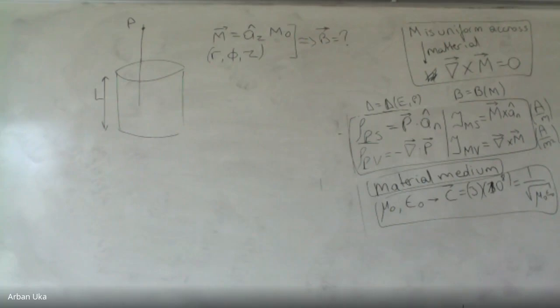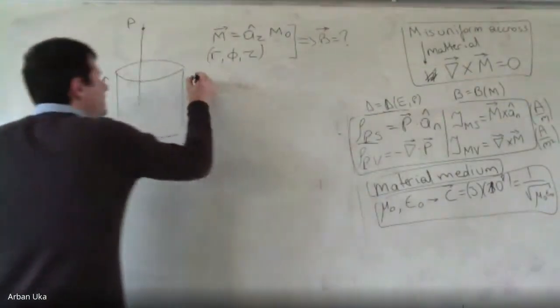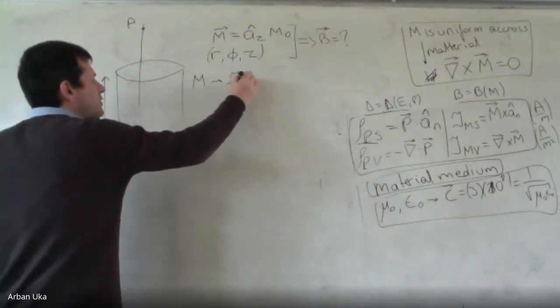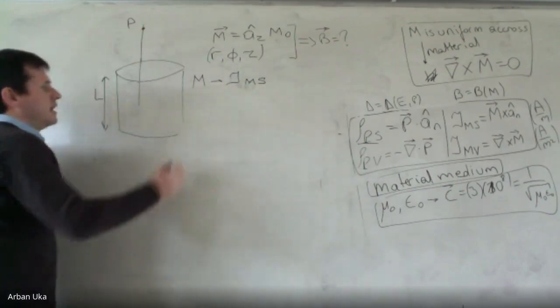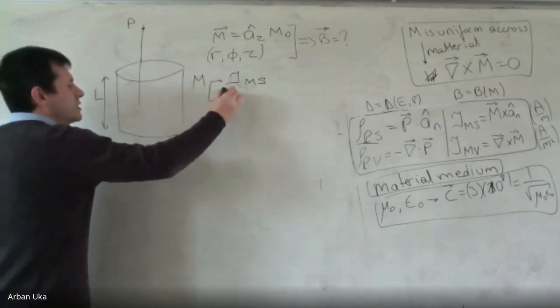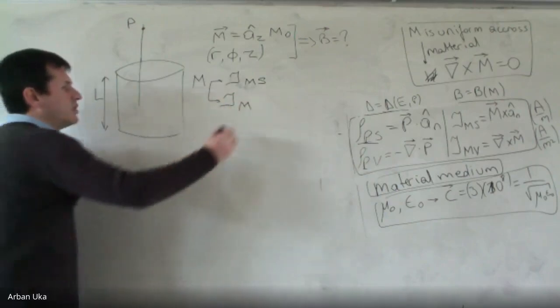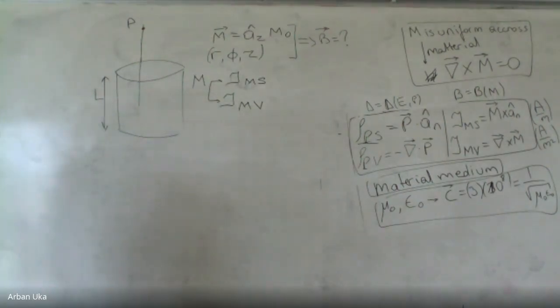And immediately we start looking at the expressions from which we can define the J. Because if we are given this magnetization, we can identify the current density because of the magnetization in the volume, and the current density because of the magnetization on the surface, and then from these current densities we can find the magnetic field.